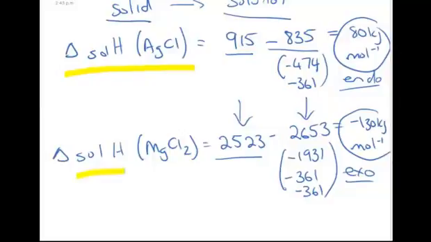Now magnesium chloride, we know it's got stronger bonds because of its melting point and its lattice enthalpy, and when it is dissolved in water, this is an exothermic reaction, so we know that in forming bonds with water a lot more energy is released than it actually takes to break these bonds.